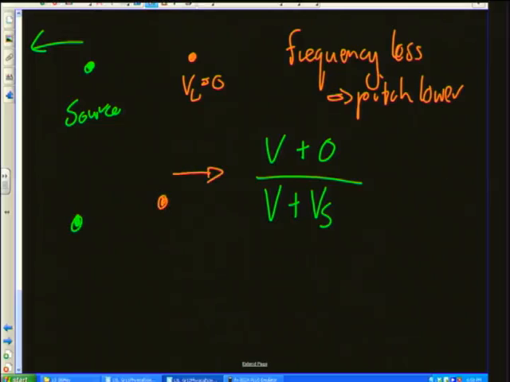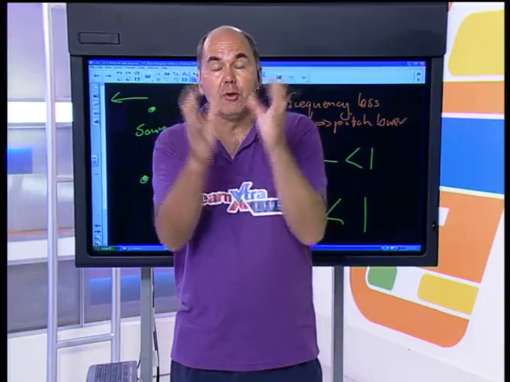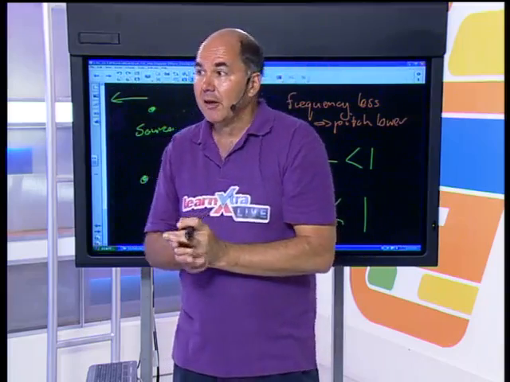Then the equation would look like this. V plus, oh, sorry, not V plus, and that was the key point, the fraction must be smaller, so the numerator must be smaller. So it must be V minus VL over V, which is plus 0. So in both these cases, the fraction will be less than 1. This will be less than 1, that will be less than 1. If it were equal to 1, that will happen when both objects are not moving. Okay, is there anything else?